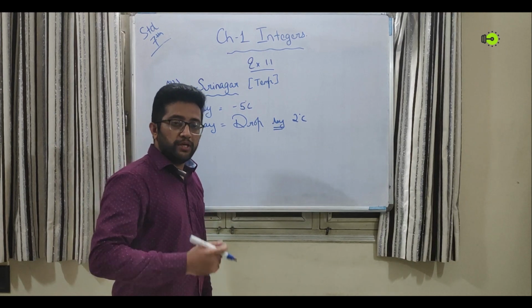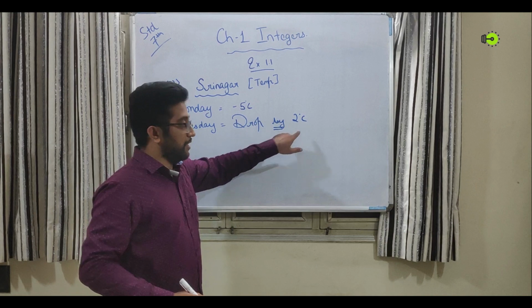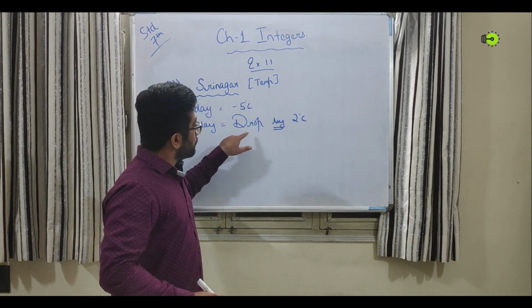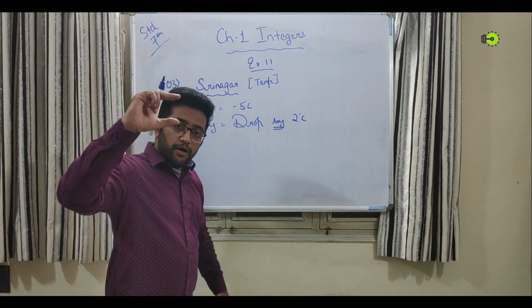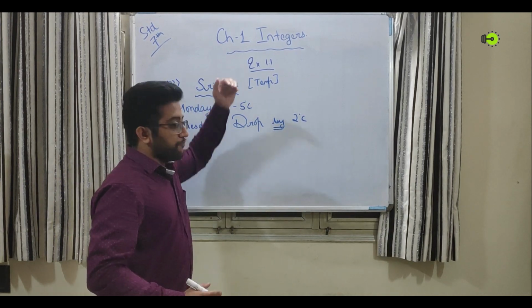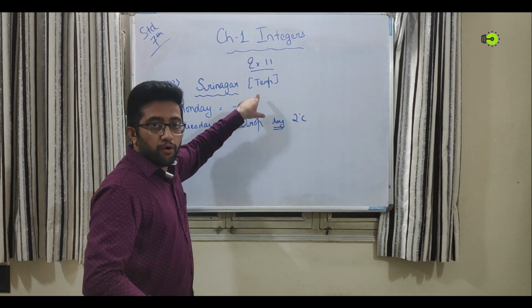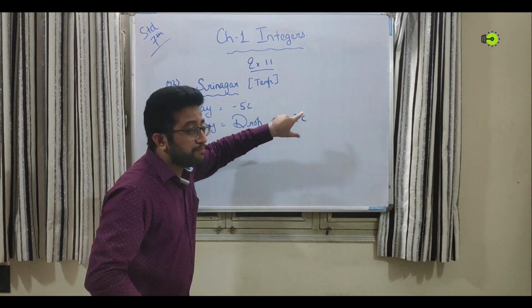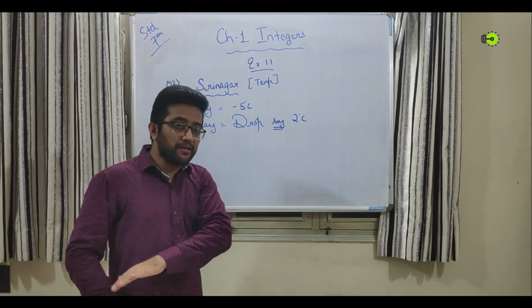If it were to 2, then the temperature on Tuesday would be 2 degrees Celsius. But now here it is given that it dropped by 2 degrees Celsius. So by means the reduction in temperature of Srinagar from Monday to Tuesday is 2 degrees Celsius. It has decreased by 2 degrees, it has not gone to 2 degrees.